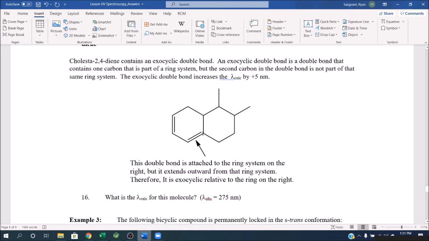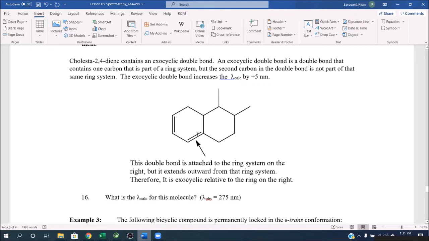An exocyclic double bond is a double bond that starts as part of a carbon in a ring system and does not end within that same ring system. So notice how this double bond starts on that carbon. And that carbon can be assigned to this 6-membered ring, but the double bond does not end anywhere inside of that 6-membered ring.